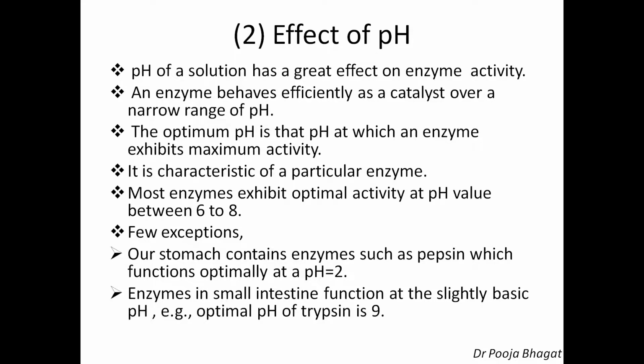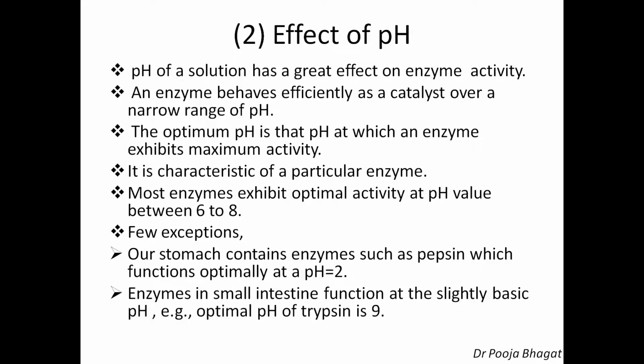Most of the enzymes exhibit optimal activity at pH value between 6 to 8. But there are few exceptions, like our stomach contains enzymes such as pepsin. And we know that in the stomach, hydrochloric acid is present. Okay, so the medium is acidic, the pH is low. And pepsin functions optimally at pH equal to 2.